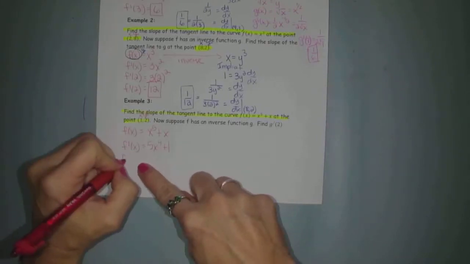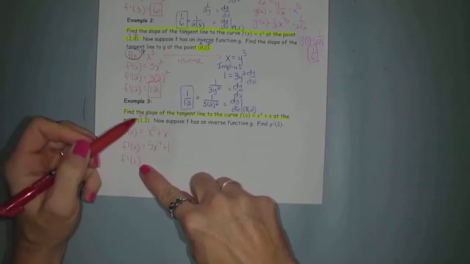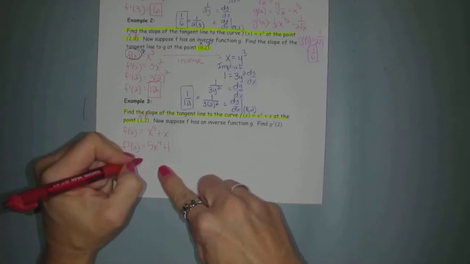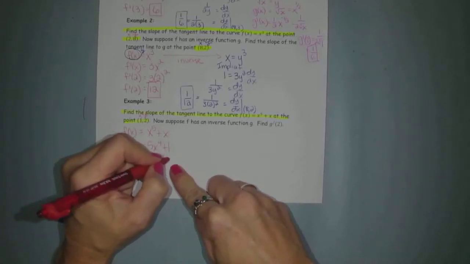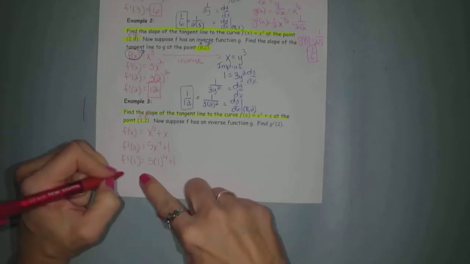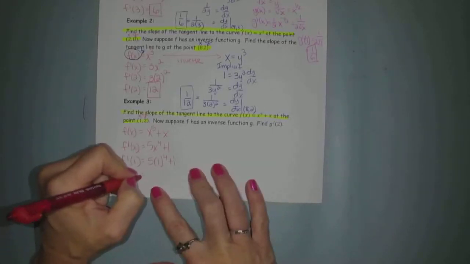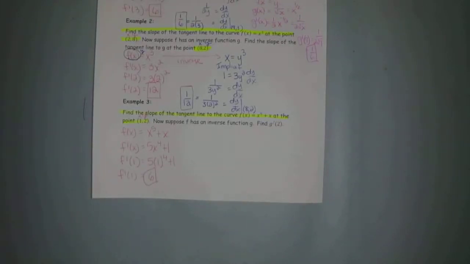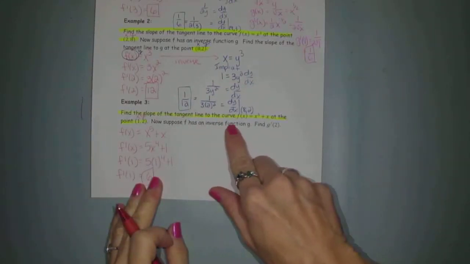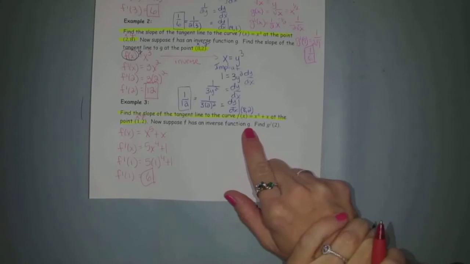And so f prime of 1 from up here, my point, is 5 times 1 to the 4th plus 1, which gives me a final answer of 6. 5 plus 1.